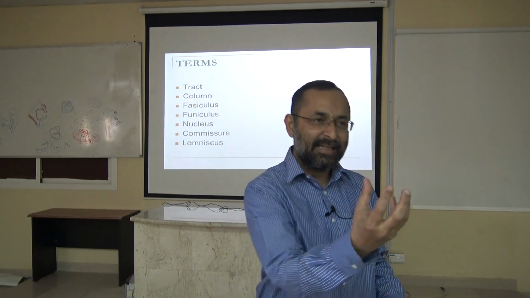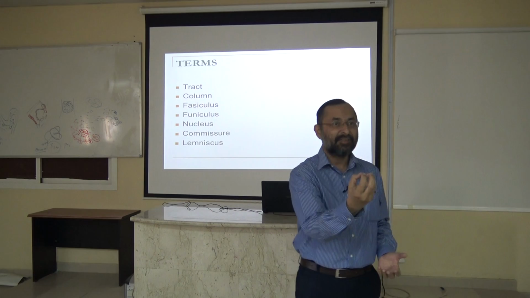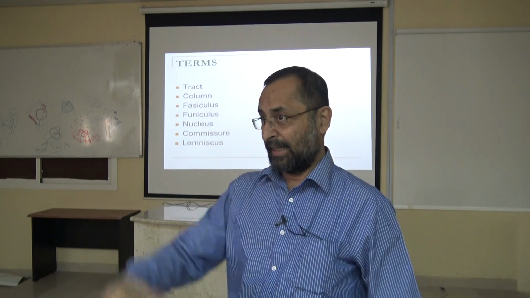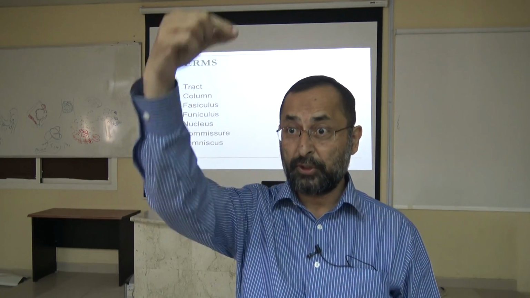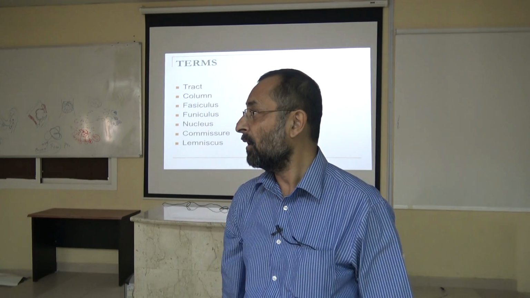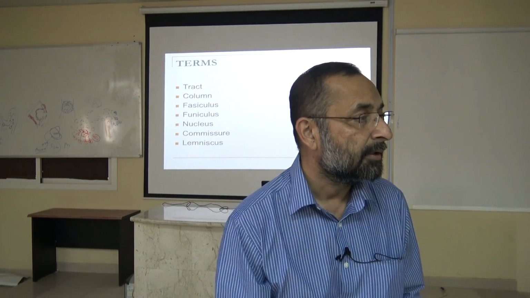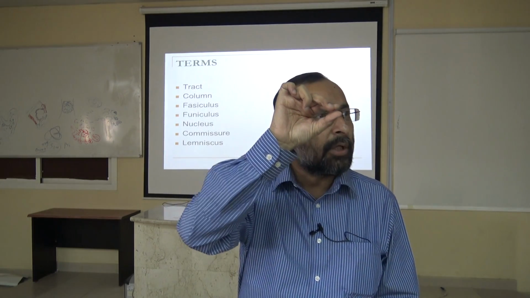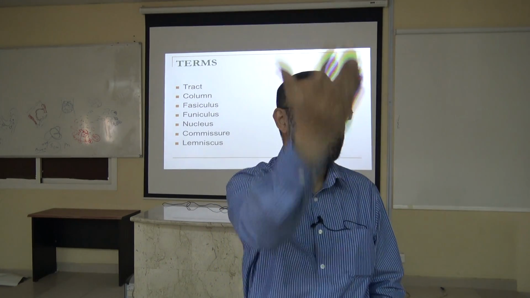A condensation, an aggregation, a collection of the gray matter. The cells are aggregated to form a condensed area, and that area is present longitudinally in the spinal cord. Well, that is a nucleus. A nucleus is not only a specific area present in only one segment of the spinal cord, it is extending longitudinally to many segments of the spinal cord.